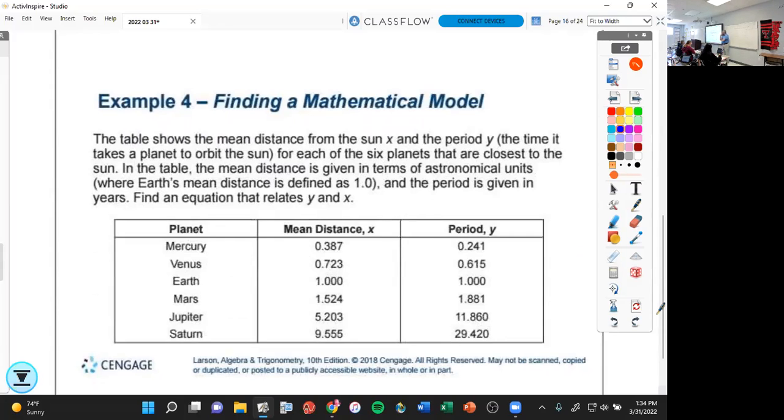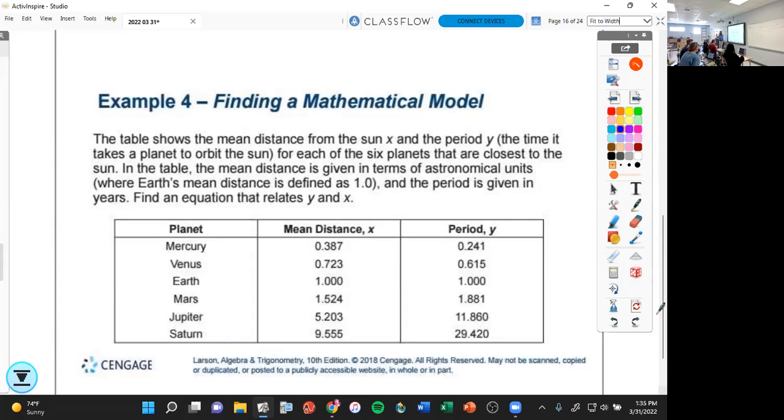Do y'all understand what it's talking about, astronomical units there? Not necessarily. What they're saying is the distance from the Earth to the sun is 1. Mercury is about 38% of that. Does that make sense? So that means Mercury's closer, where Saturn is about 9.5 times further away from the sun than the Earth.